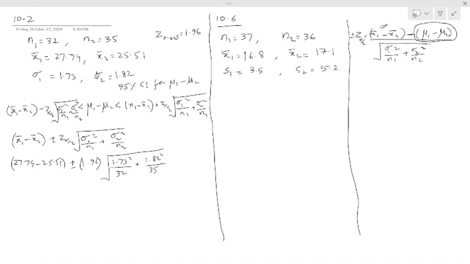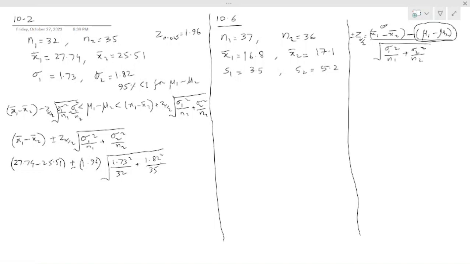Now we will work out these values first: 1.73 squared divided by 32 plus 1.82 squared divided by 35. Working out the answer, take the square root of it.